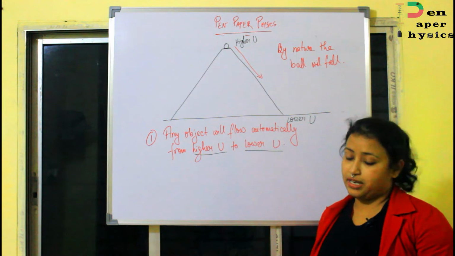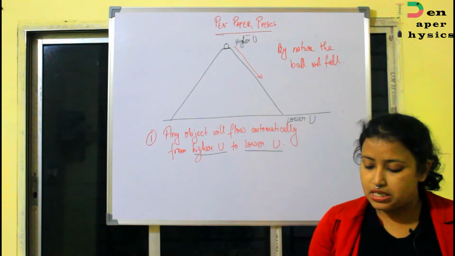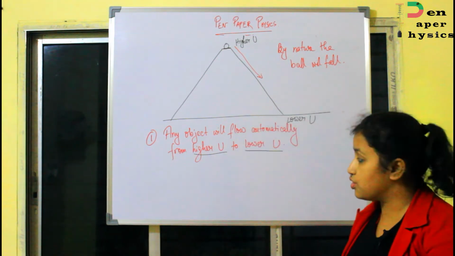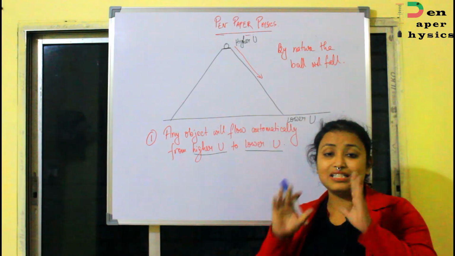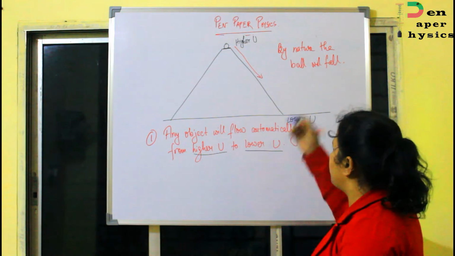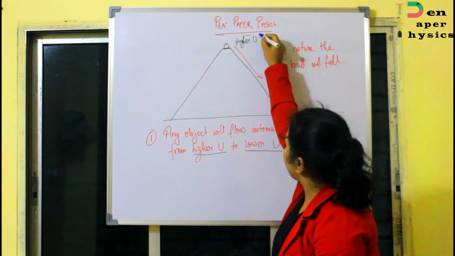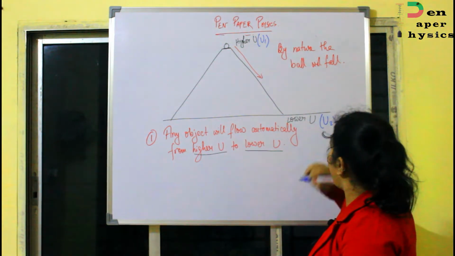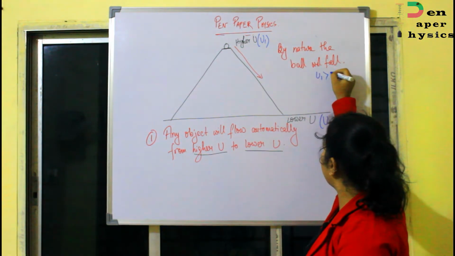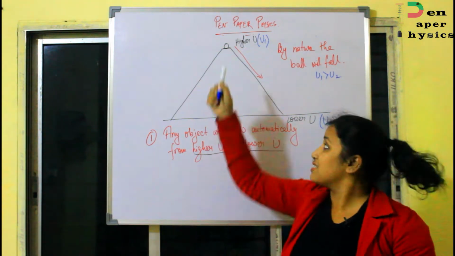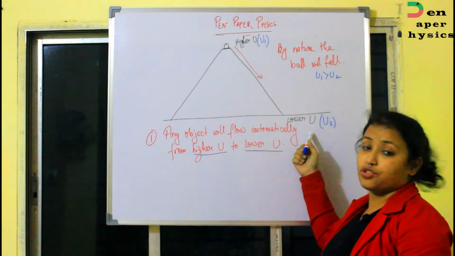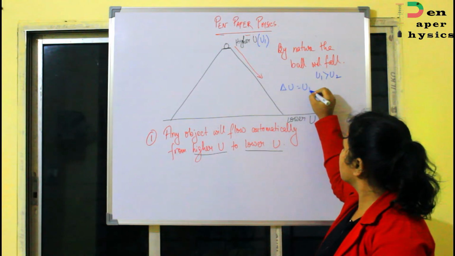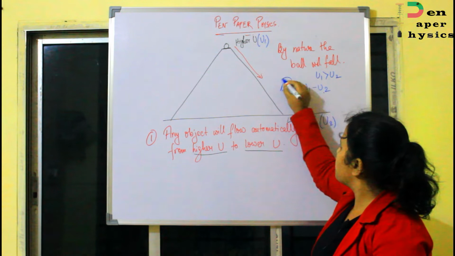It will automatically happen. But my next question is, when a body is coming down from higher potential energy to lower potential energy, what happens to this change in energy? For example, if this has a value of U1 and this has a value of U2, obviously we can say that U1 is greater than U2, because it is at higher potential and this is at lower potential. So what happens to this energy?